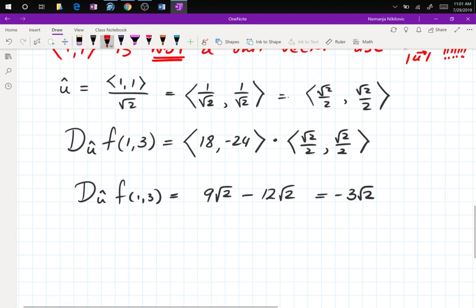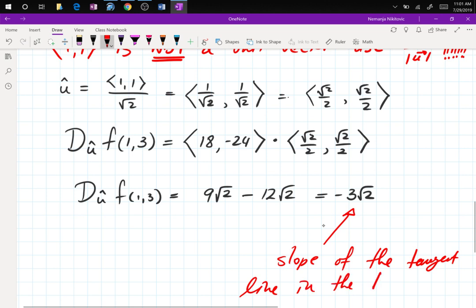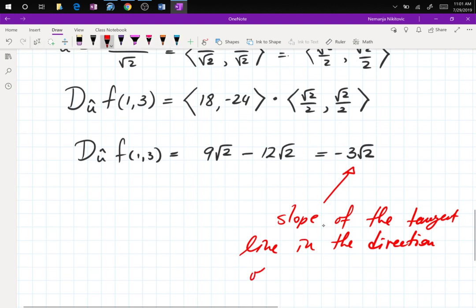Now, this number here is the slope of the tangent line in the direction of vector 1, 1. So at 45 degrees.